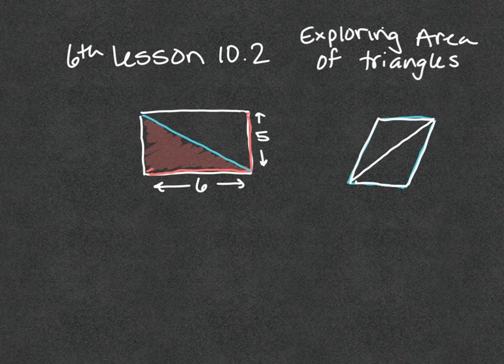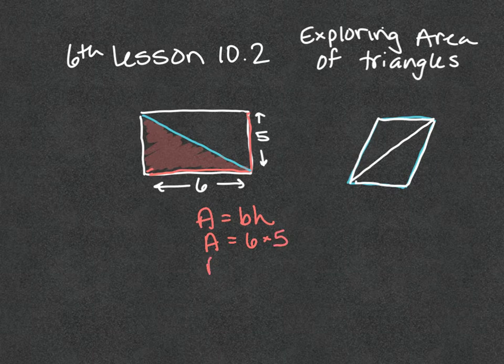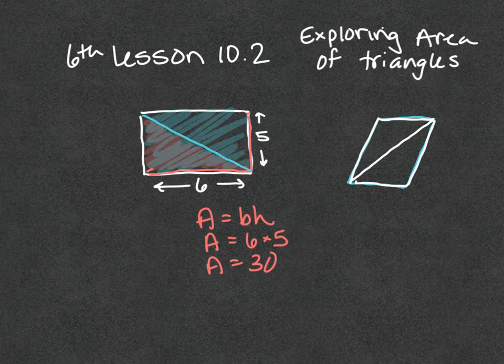I know my area of the whole rectangle is base times height or length times width. Fill in my dimensions, 6 times 5. The area of the whole thing is 30. Let me shade that in here for us. This whole thing is 30.